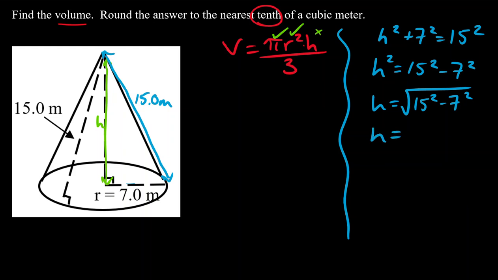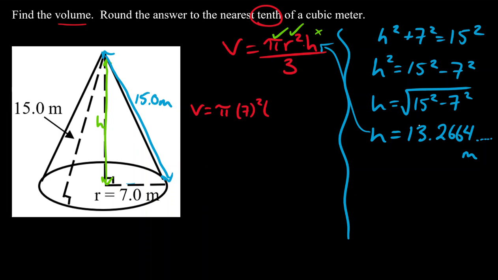And when I do that calculation, I get 13.2664... meters. So I'm going to use this unrounded value and insert it into my equation now that I know what the height is. Volume is pi r squared, so 7 squared times h.